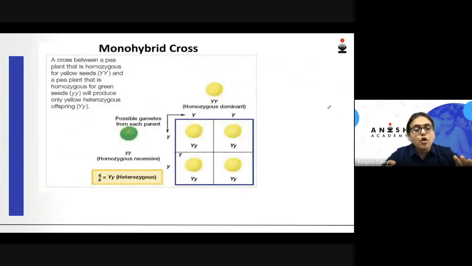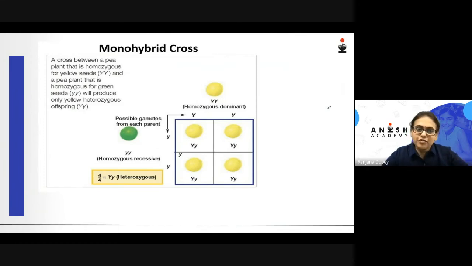Those crosses were called monohybrid crosses. What is a monohybrid cross? A monohybrid cross is a cross between two individuals who are homozygous, of true breeding varieties, but only one feature or one character is taken into consideration.